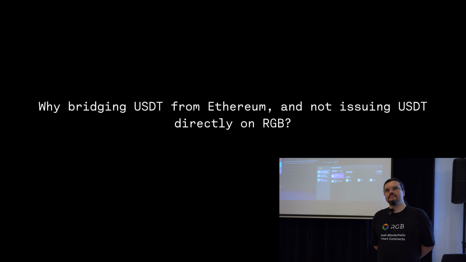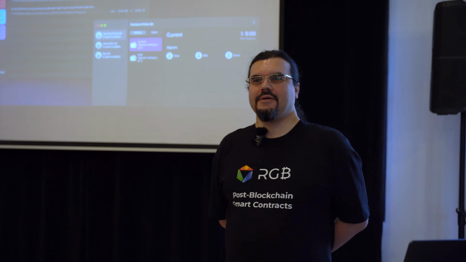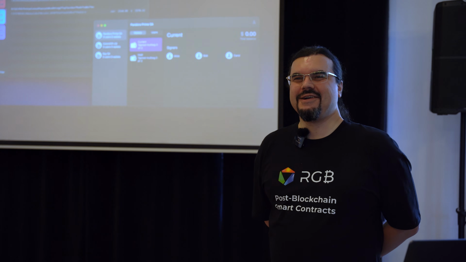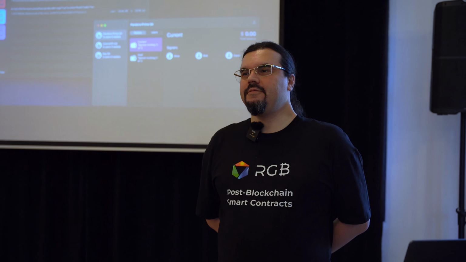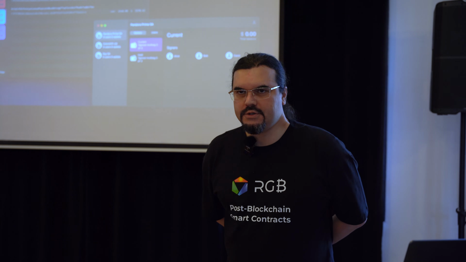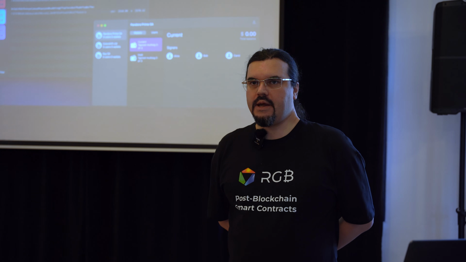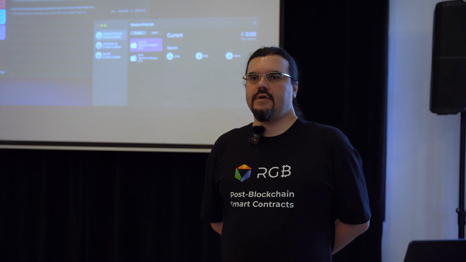Why USDT from Ethereum and not directly issued by Tether on RGB? Because we are not Tether, we can't directly issue as Tether on RGB. For sure, Bitfinex will do it. Tether will do it, and they have announced multiple times that it's in their plans and strategy.